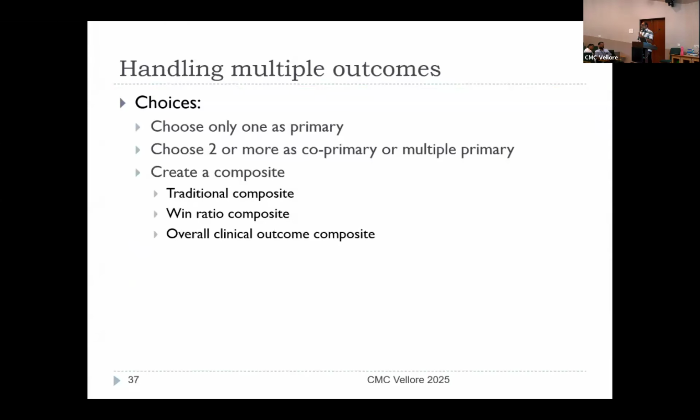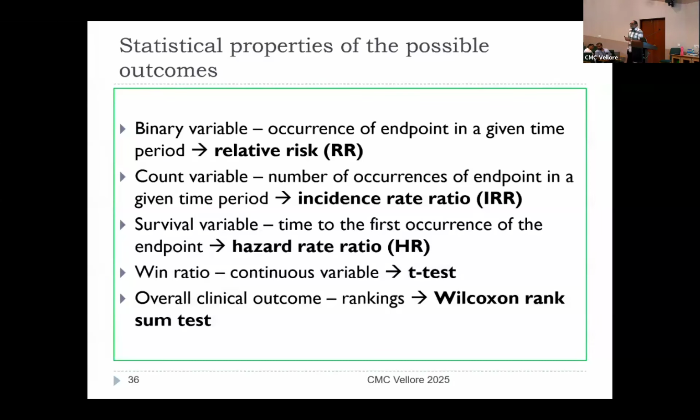So, handling multiple... yes, question. Composite outcome would be a binary variable, yes? Yeah, so the traditional composite is an event. It's an endpoint. If any of these things inside here occurs, then it occurs, yes or no. I can treat it as a binary, but it's another event, so I can treat it multiple ways.